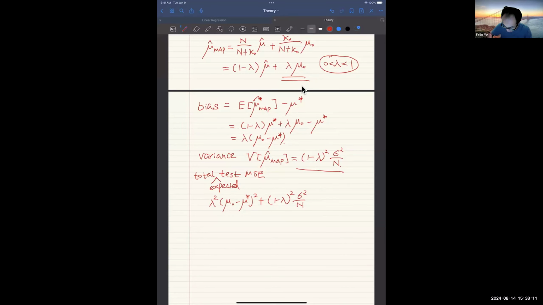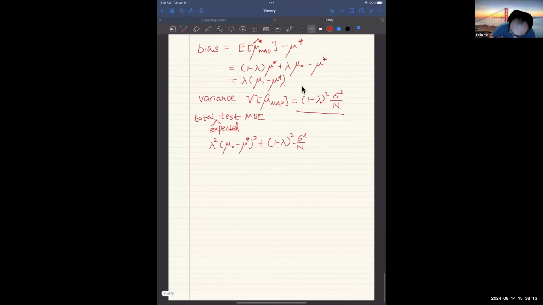It's possible for this to be less than sigma squared over n.